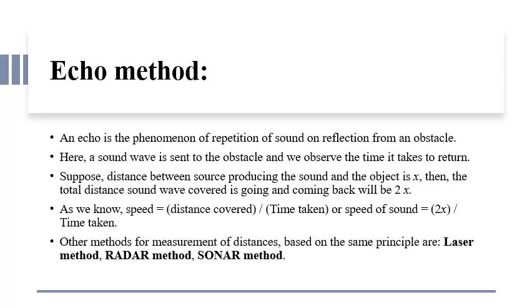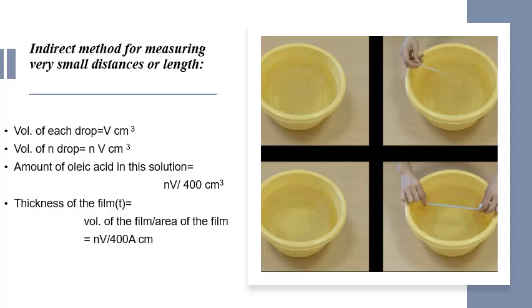As I told you, we have some other methods for measuring distances such as the laser method, radar method and sonar method. Now let's see the indirect method for measuring very small distances or lengths.